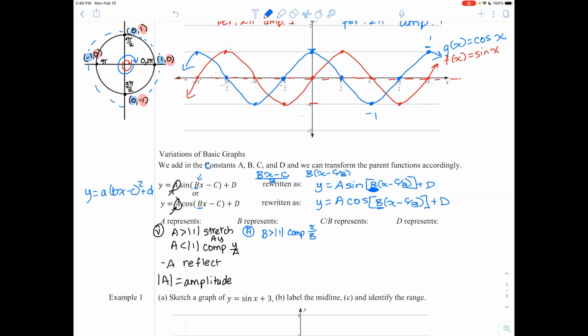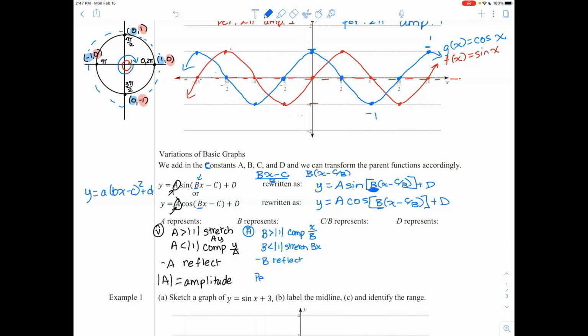That'll be okay. If b is less than the absolute value of 1, that's going to be a stretch. So you're going to take b and multiply it times your x to stretch the points horizontally. If it's negative b, it's going to reflect horizontally. So it'll go from the left to the right and the right to the left.